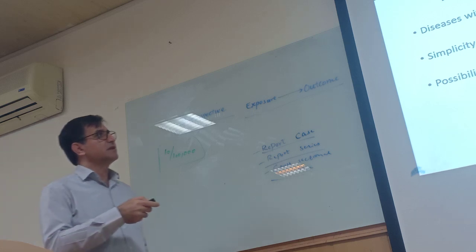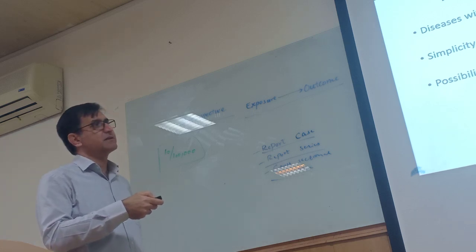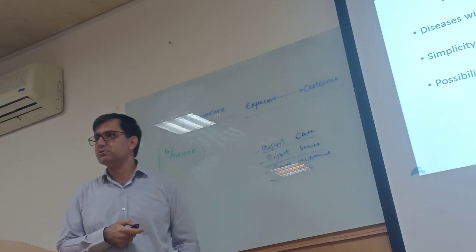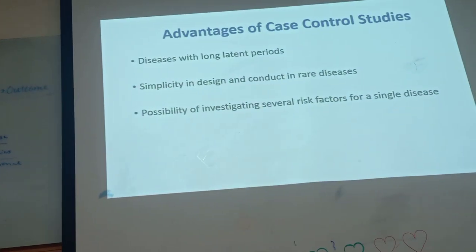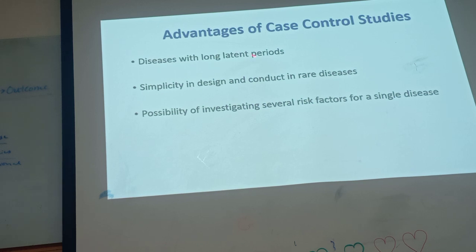So for diseases with a long latent period, case control study is appropriate. It is also simple in design and conduct, especially in rare diseases. And there is a possibility to investigate multiple risk factors with a single disease.